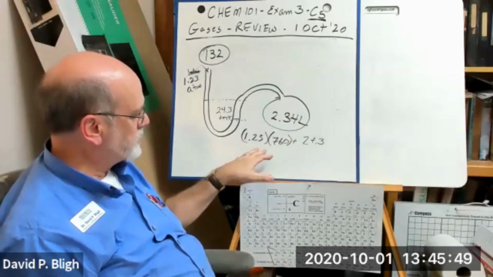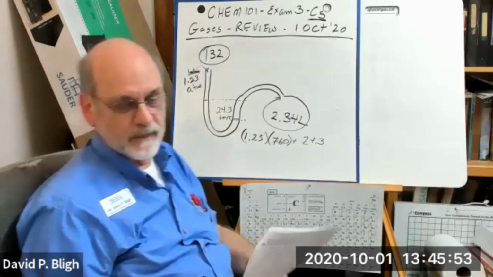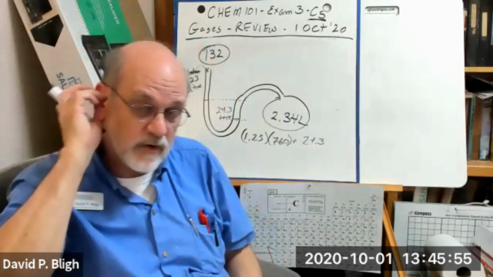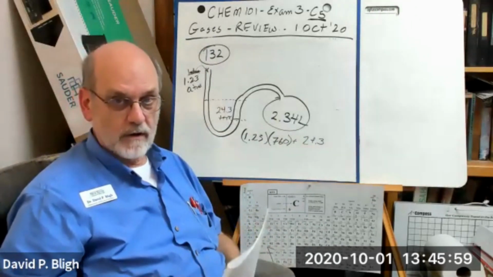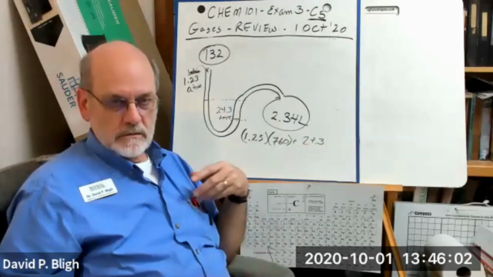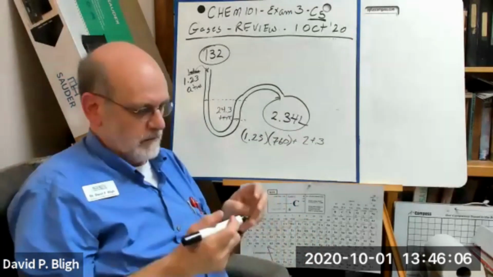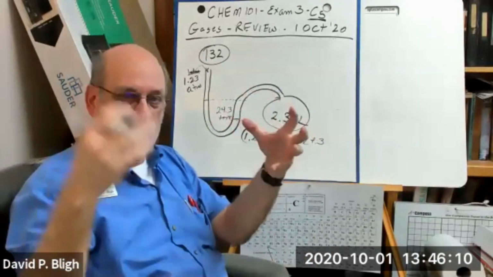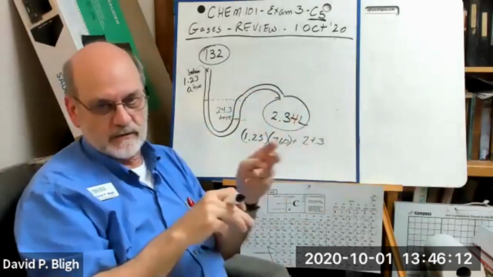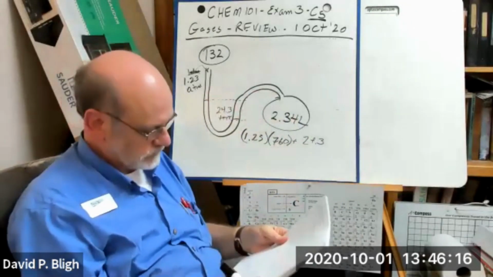So the total pressure is whatever's bearing down here plus that. And you'll see that example in Boyle's law when you look at the demo for Boyle's law. In order to determine the pressure on the syringe inside the pressure vessel, you have to add atmospheric to what you measure inside the vessel to get your total. The same idea here.